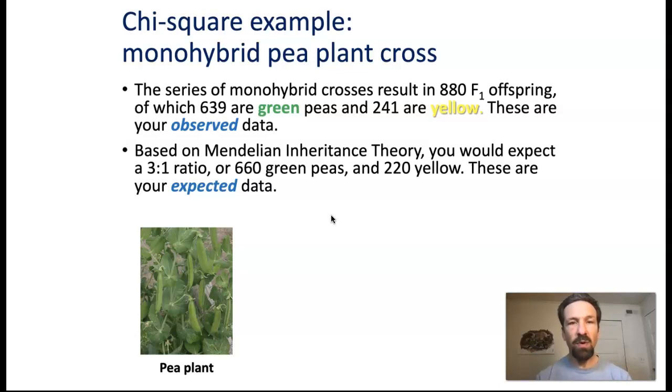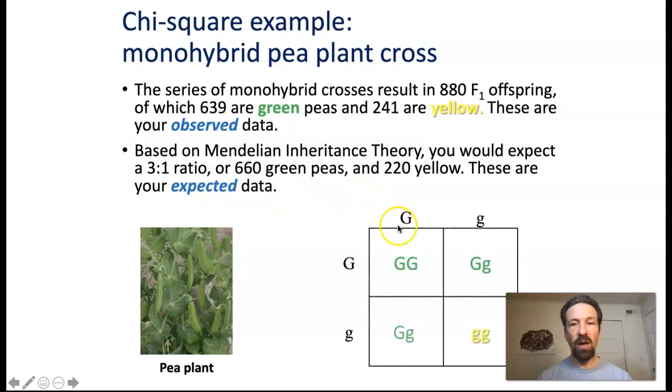Those F1 plants were then allowed to self, and the resulting seeds were collected. Those seeds now represent the F2 generation. 880 seeds from the F1s were collected. Again, these are the F2s now. And out of those, we found 639 green and 241 yellow. These are our observed data.